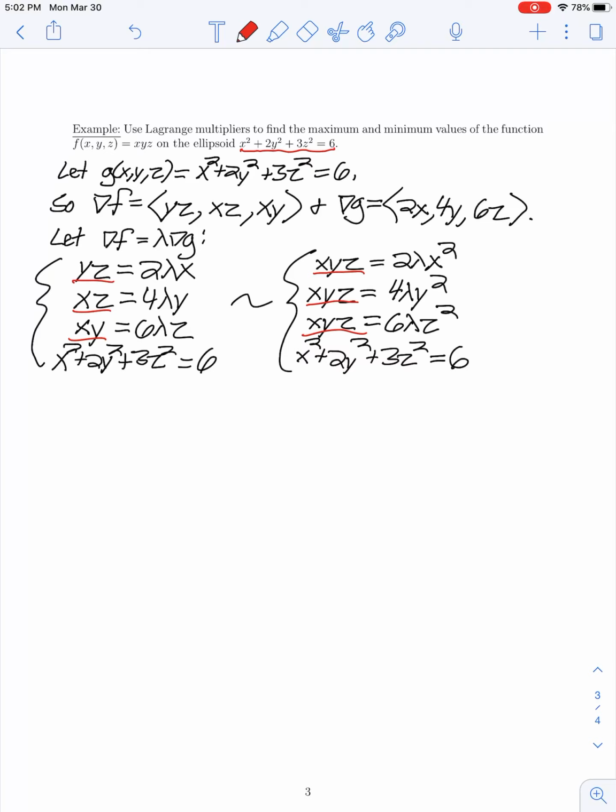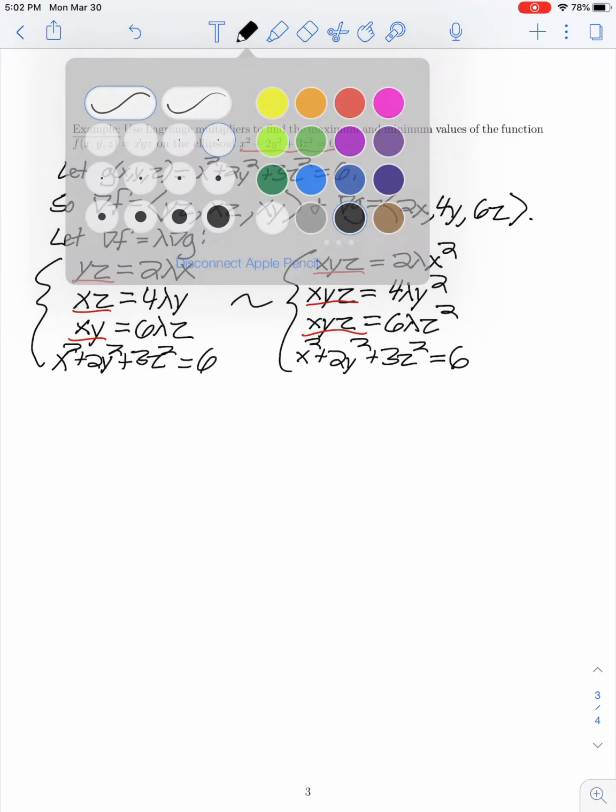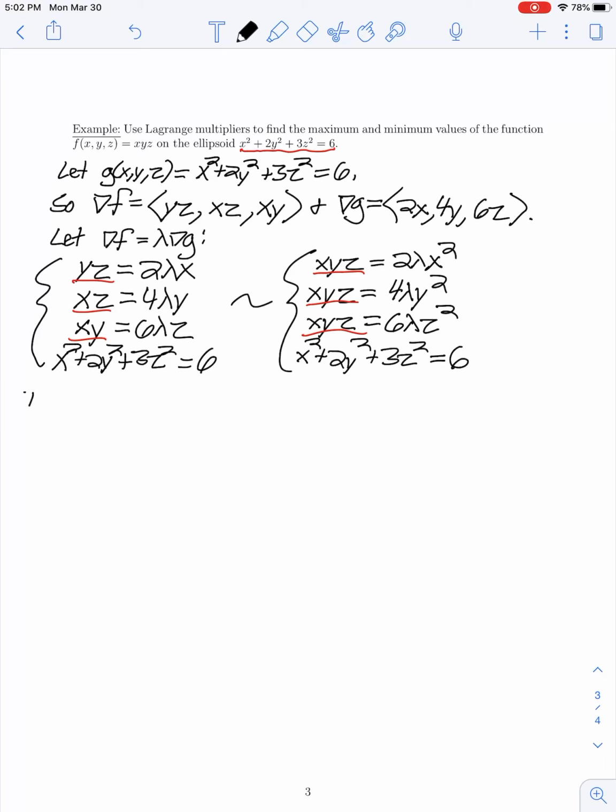So now if we look at our first three equations, we see that we have the same expression on the left-hand side for all three equations, x times y times z. So we know that the quantities that we have on the right-hand side of these three equations must be equal to each other.